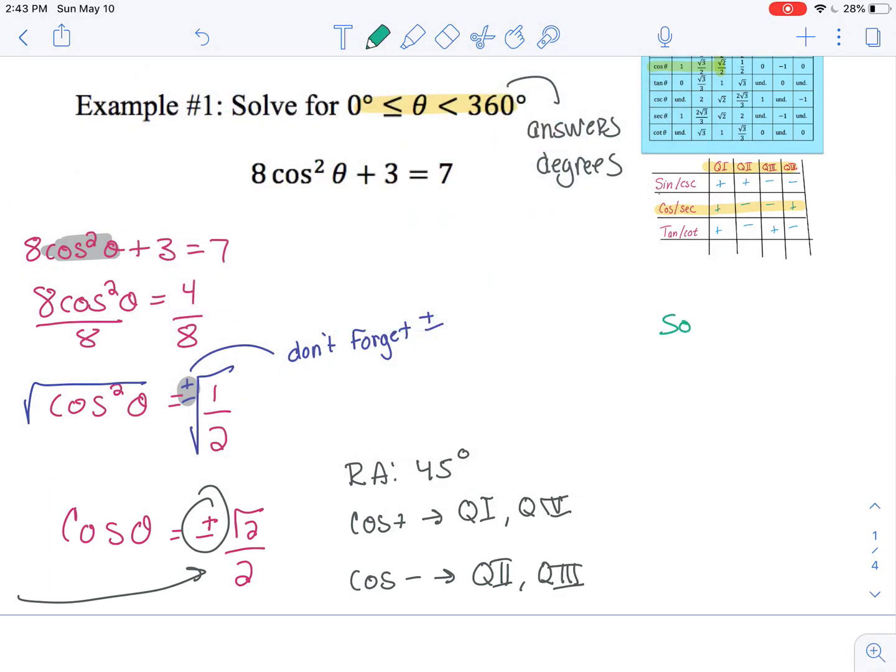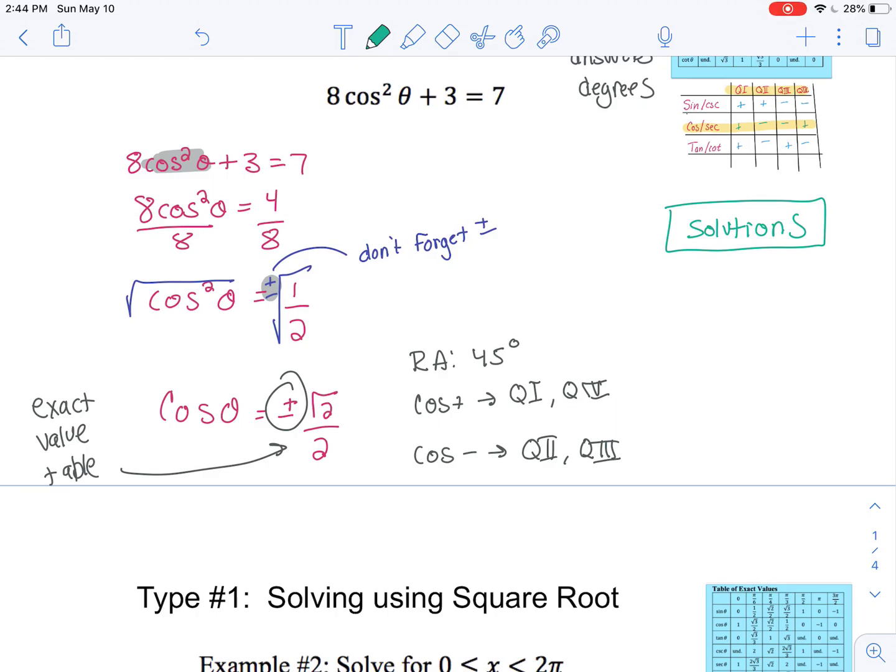So we'll state our solutions. In quadrant 1, my solution is just going to be the reference angle, or 45 degrees. Quadrant 2, I'm going to have 180 minus 45, or 135.